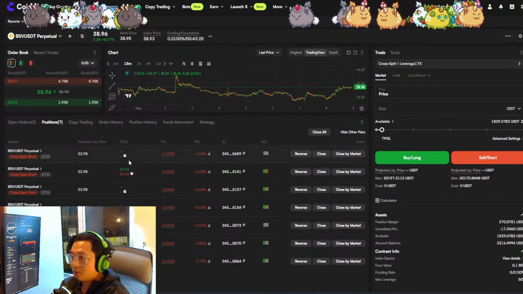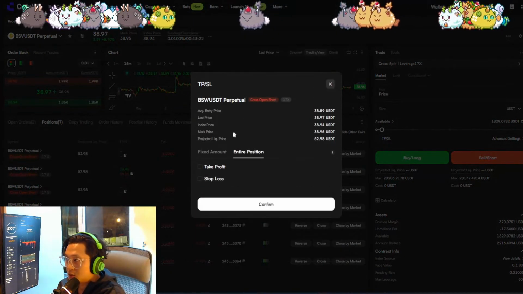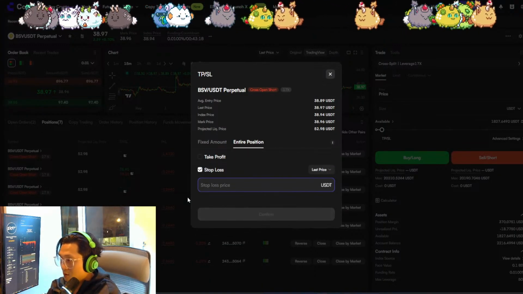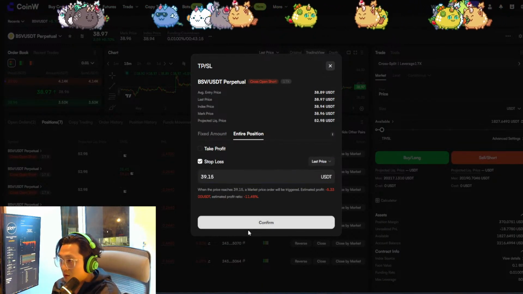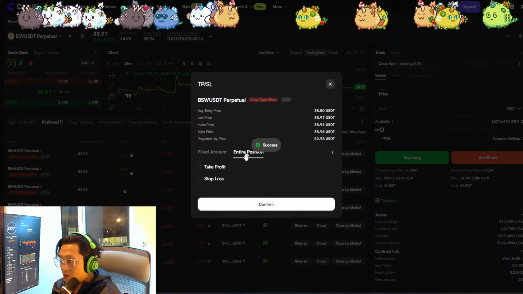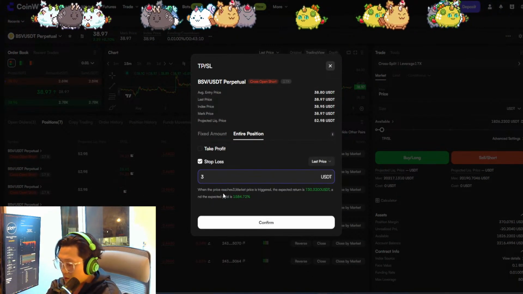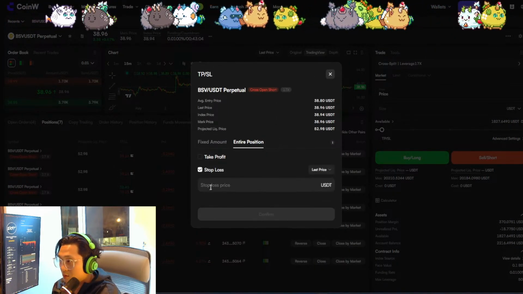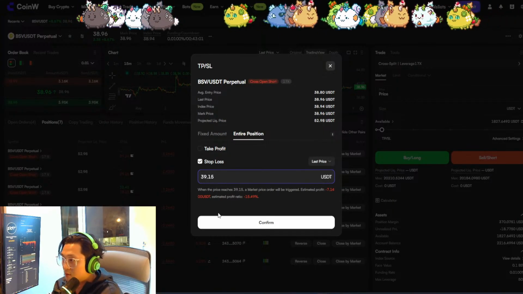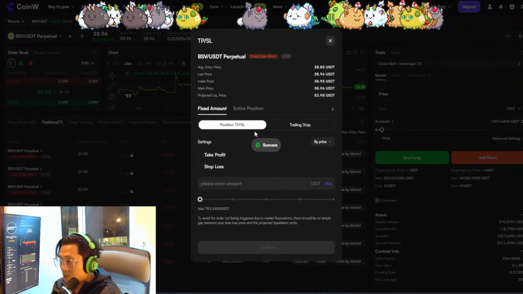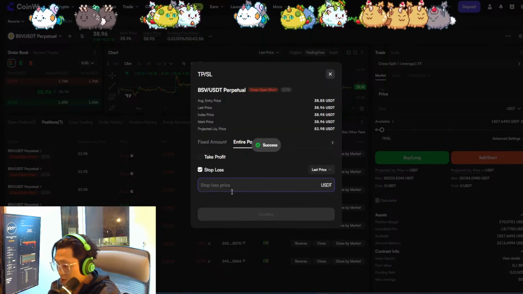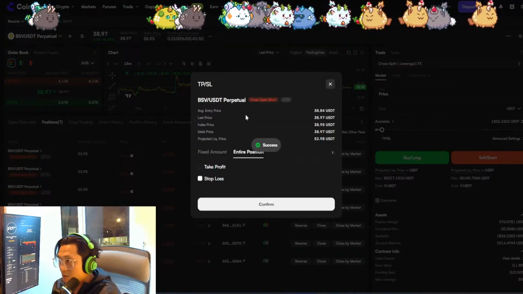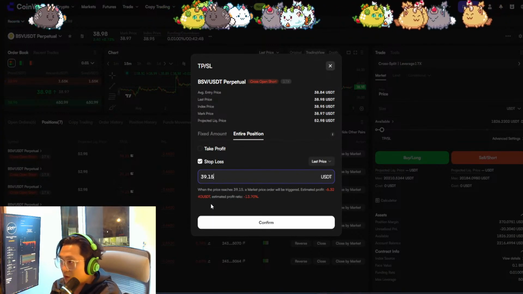I think I'm gonna put the stop loss in case of a breakout. 39.15. Just put the stop loss only, 39.15.